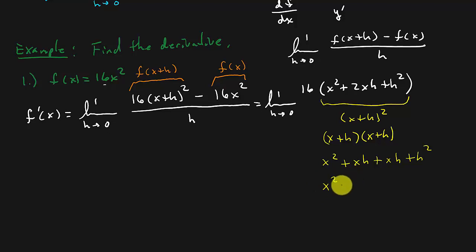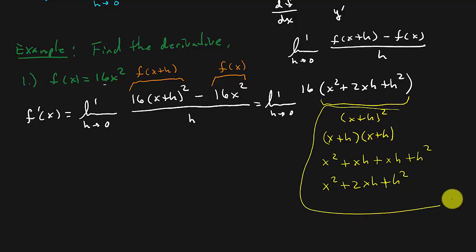So we get x squared plus 2xh plus h squared. And basically all I did is I did this part right here. I did that in my head. Okay? If you can do that in your head, that's great. If you can't, go off to the side, write it out like this, and FOIL it out. That's all I did. Okay?